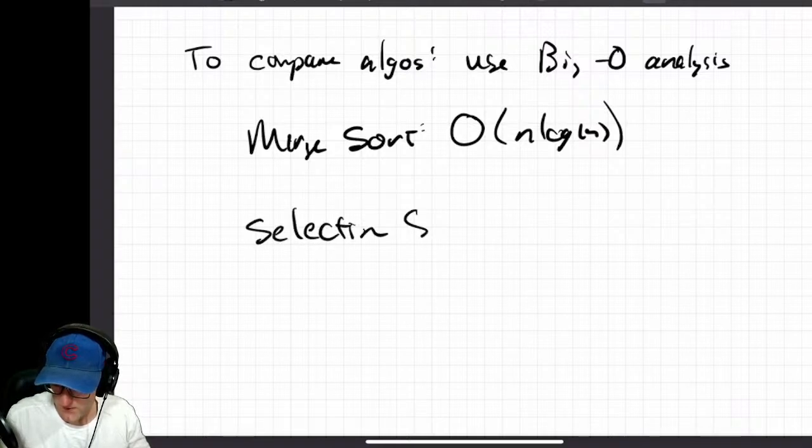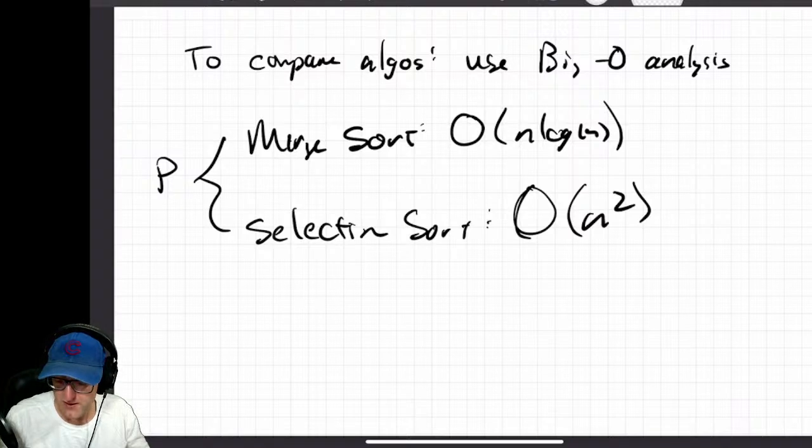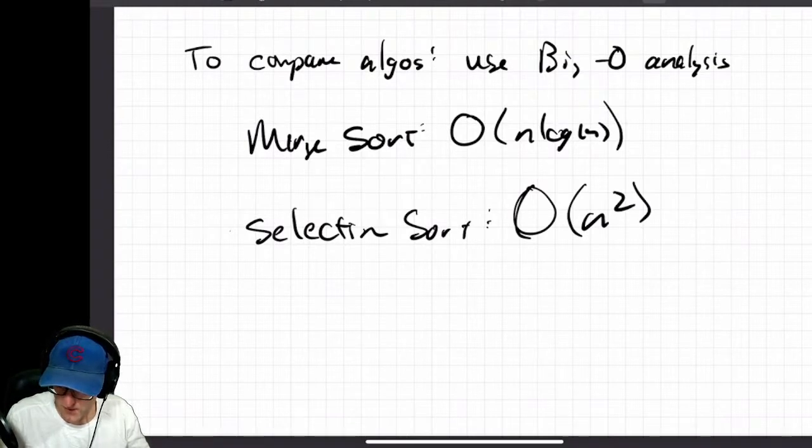That's going to be order n squared. Not as good, right? But both of these are still in P. I shouldn't say that. Don't think of them that way. These are algorithms, and algorithms are not the same thing as problems.